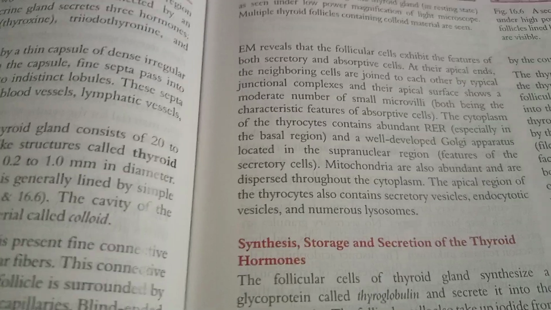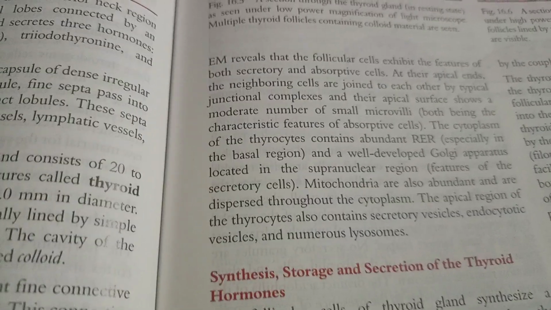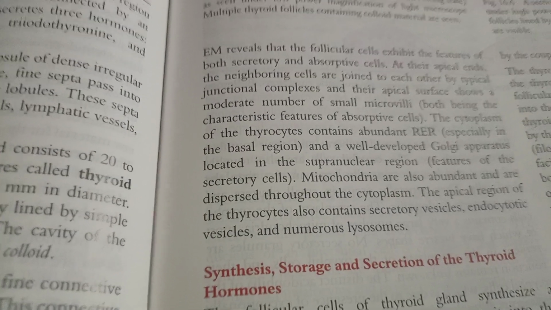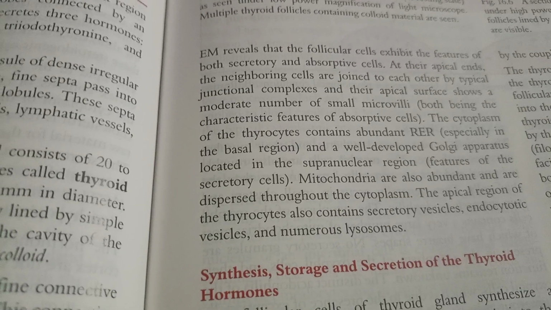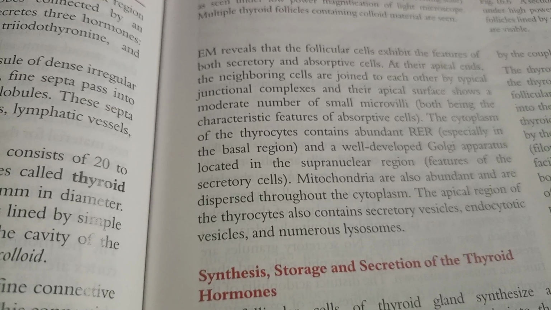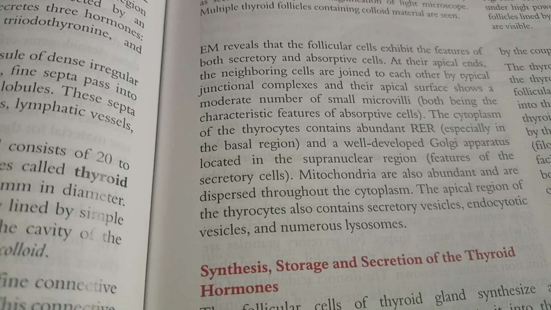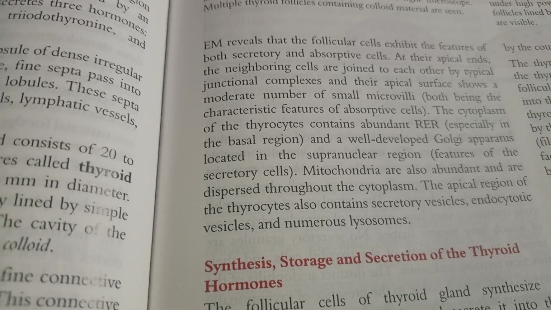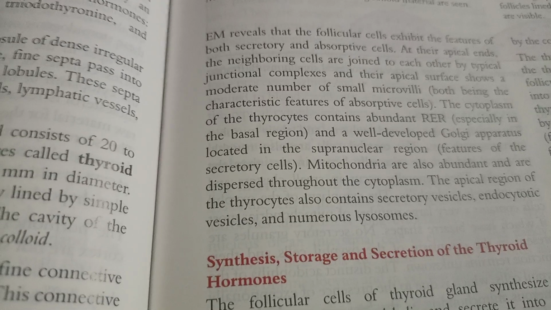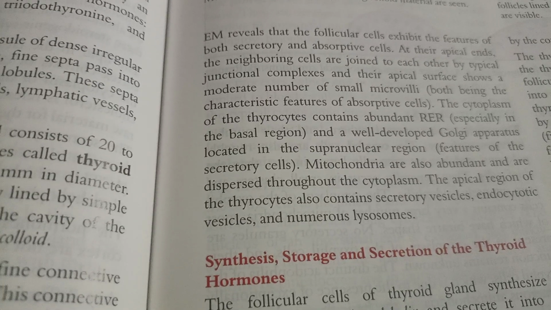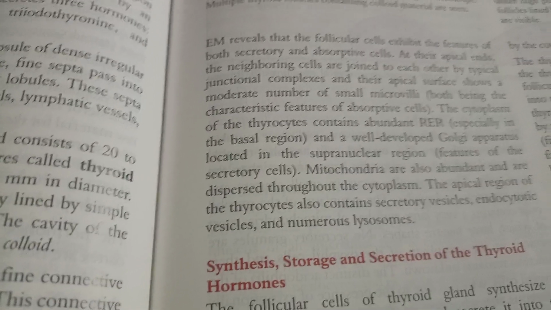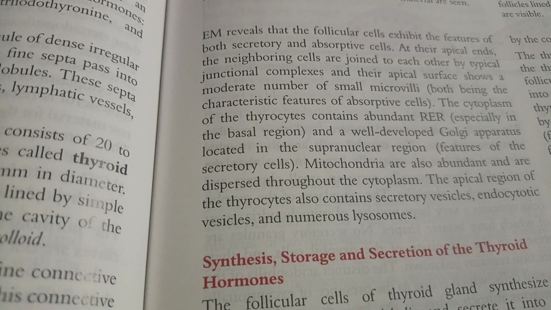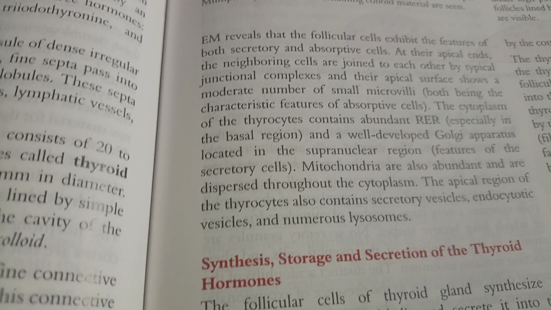Electron microscopy revealed that follicular cells exhibit the features of both secretory and reabsorptive cells. At their apical ends, the neighboring cells are joined to each other by typical junctional complexes, and their apical surface shows a moderate number of small microvilli, both being characteristic features of absorptive cells.